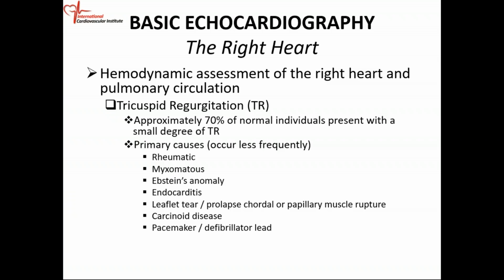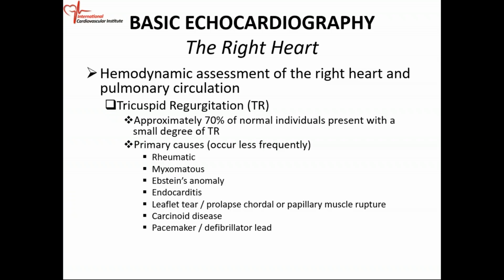Almost all the patients that you come across have some degree of tricuspid regurgitation. Approximately 70% of normal individuals can present with a small degree of tricuspid regurgitation, and they may ask you this in your exam. It's very, very common.